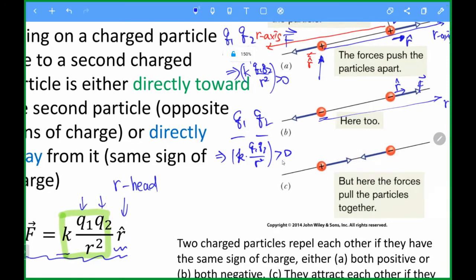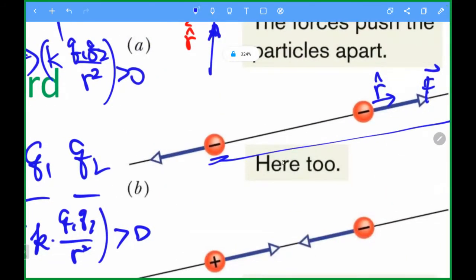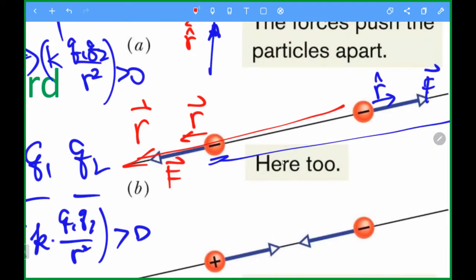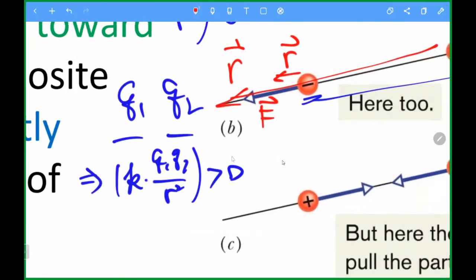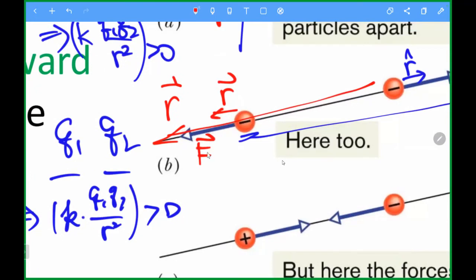And similarly for the other charge, when you consider the force from this one to this one, the r axis is pointing to the left side. In that case, r hat points to the left side, and F is also pointing to the left side. As this term is positive, F has the same direction as r hat.